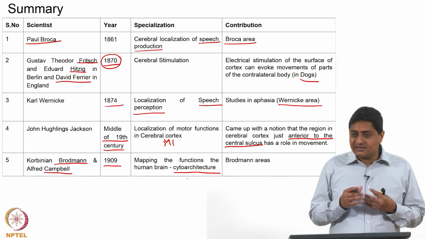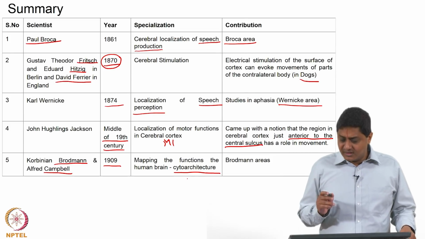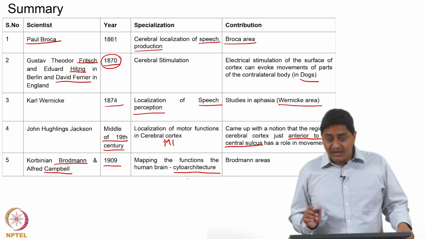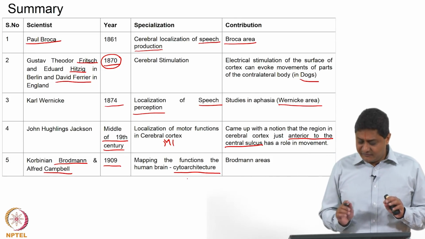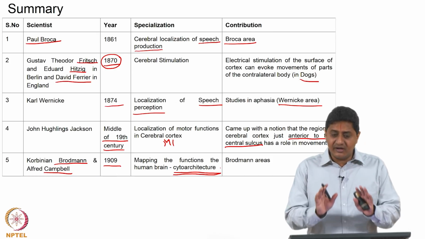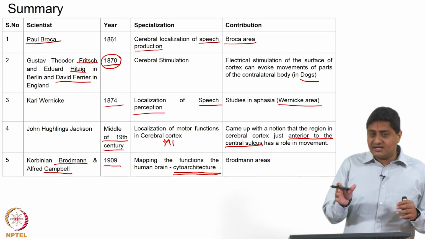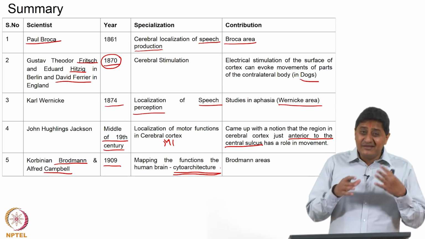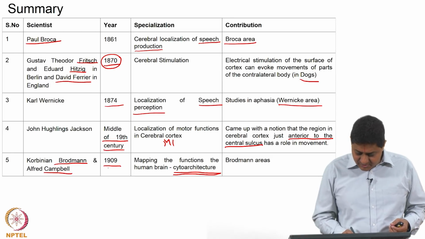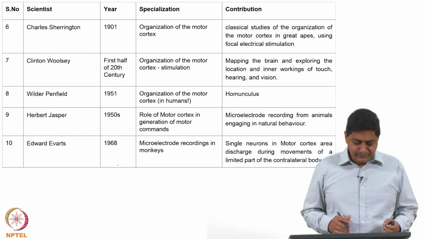It lacked the granular structure that is typically found in other cerebral areas. So, something was different about this area, and let us note this is from the viewpoint of cytoarchitecture, not function, from the viewpoint of cytoarchitecture alone, right. So, based on that they found that these areas must somehow have similar function different from other areas, right. So, once again let us remember this is the early 1900s, more than 100 years ago, right.